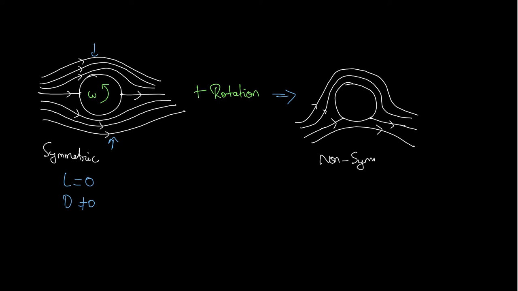It is not symmetric about any diameter, and the pressure distributions on the top and bottom are not the same. They are different, and hence we'll have a net pressure difference, which will generate a non-zero lift. So this is a lifting flow over a cylinder, and the drag is also non-zero.